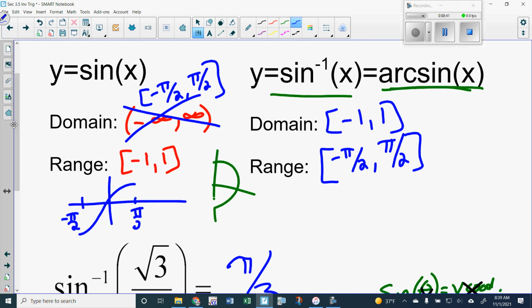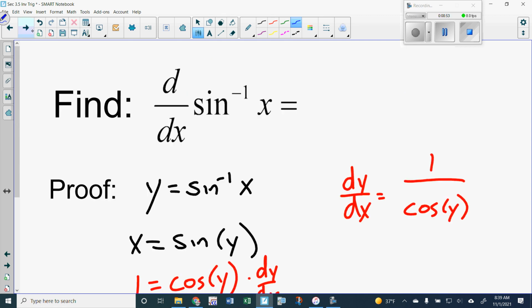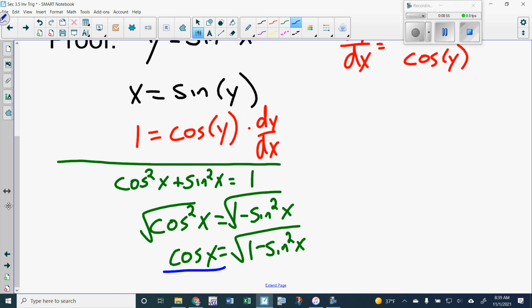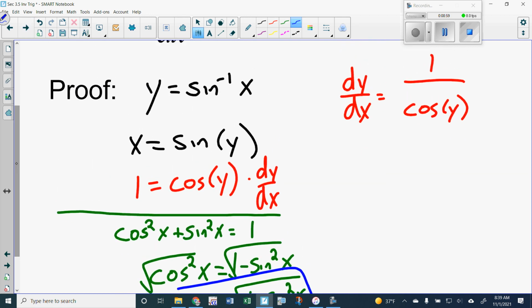Based on doing inverse, where is inverse defined? 1 and 4. So we know cosine's positive because we're dealing with the inverse. So that means that we know that this is true, which means I can change this to 1 over the square root of 1 minus sine squared y.